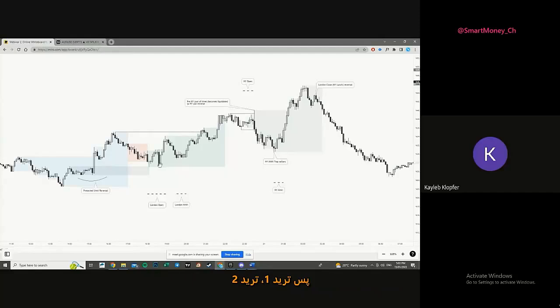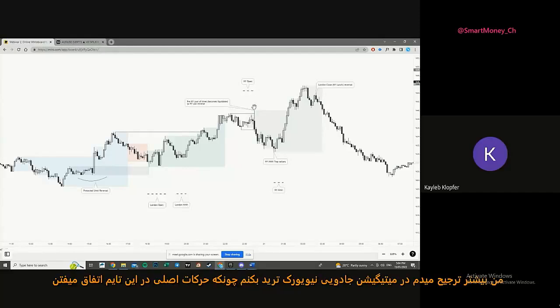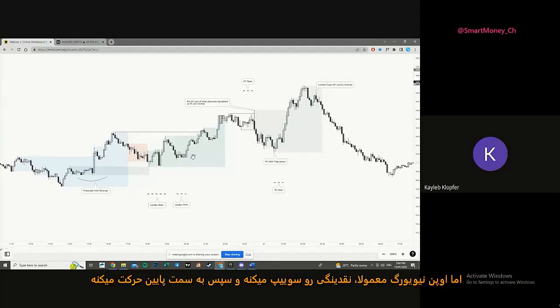So trade one, trade two, New York Open, a potential sell from here, but I'll look to trade New York Open only sometimes. I prefer my New York Triple M Magic Minute mitigations because they're the ones that create that real move that mitigate this order block here.